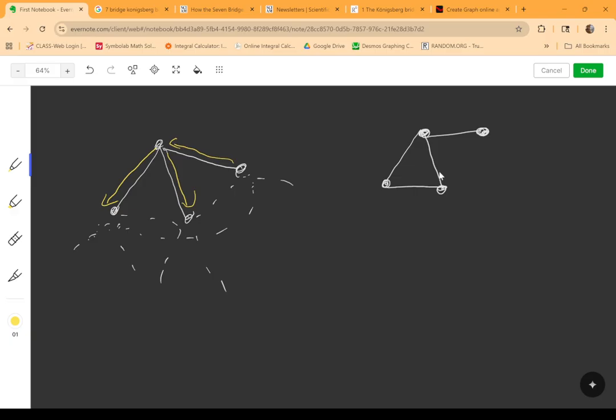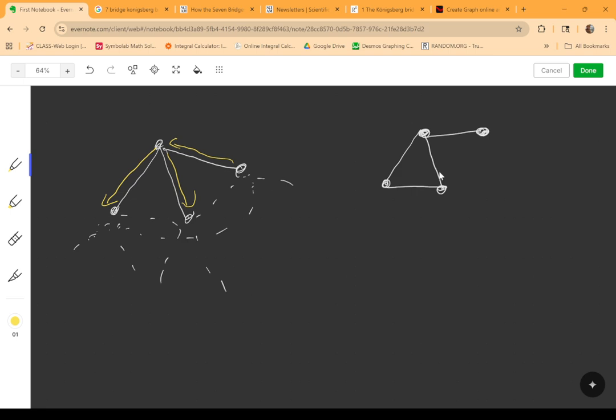And if you didn't start there, then you need a way to reach that vertex through an edge, but also leave it. So for an Euler circuit, it's going to be necessary to have even degree vertices.